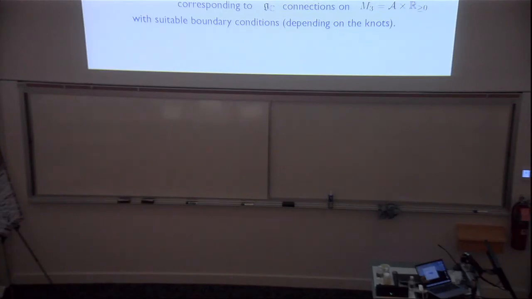The fact that you have these 3 extra dimensions means that the target of the Landau-Ginzburg model is a space of G_C connections on M3, and the theory has a potential which is given by the Chern-Simons function. Moreover, the boundary conditions that you impose here depend on the knots, because the knots are located at the boundary.